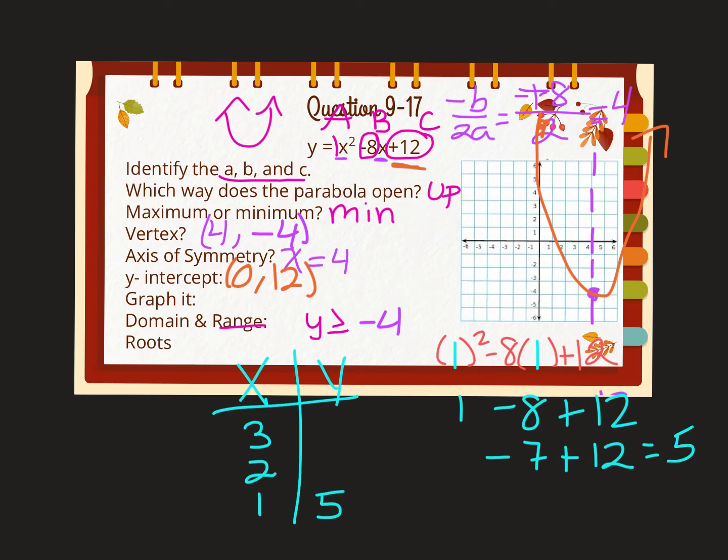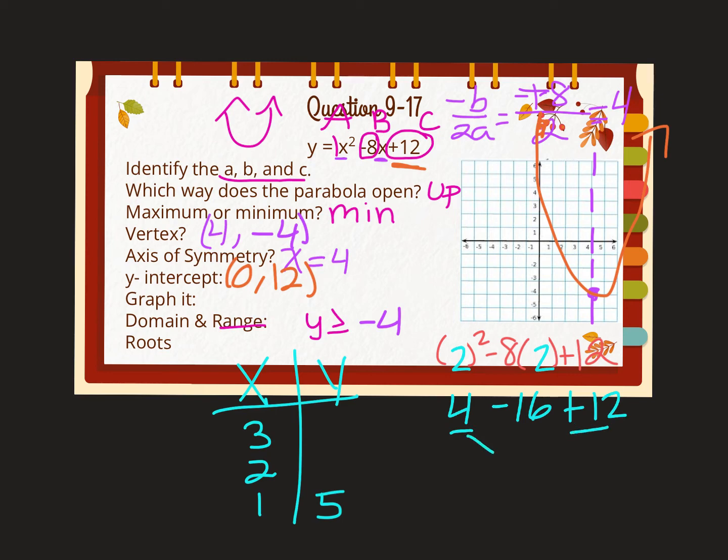Let's repeat that process. This time, instead of plugging in 1, we are going to plug in 2. All right, 2 times 2 is 4. Negative 8 times 2 is negative 16 plus 12. Well, I know 4 plus 12 is going to give me 16 minus 16, which is the 0 that we wanted.